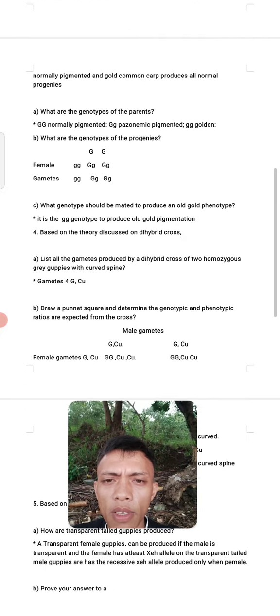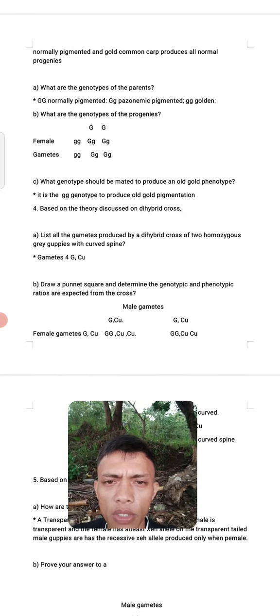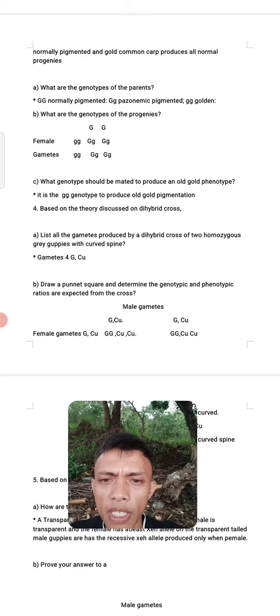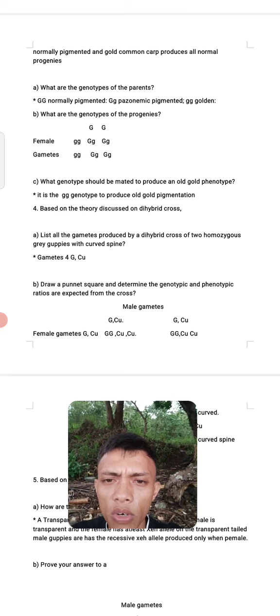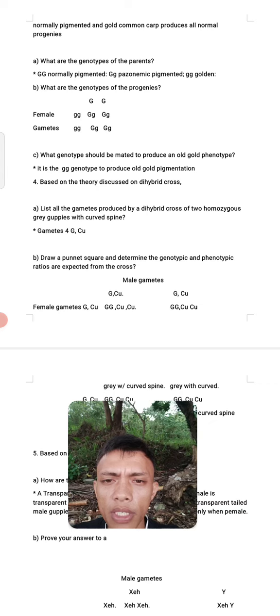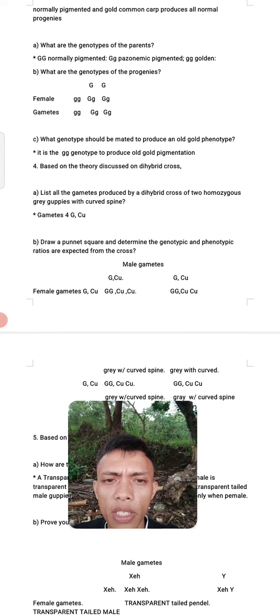Number 4 question: Based on the theory I discussed on the hybrid cross, list all the gametes produced by the hybrid cross of the two homozygous gray guppies with curved spines. Gametes are G and Cu. Letter B. Draw the Punnett square and determine the genotype and phenotypic ratios expected from the cross.